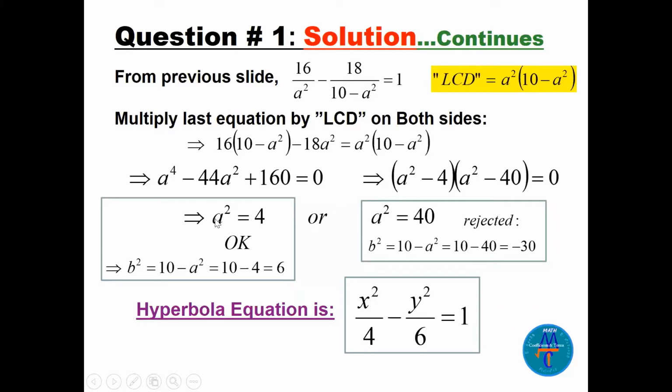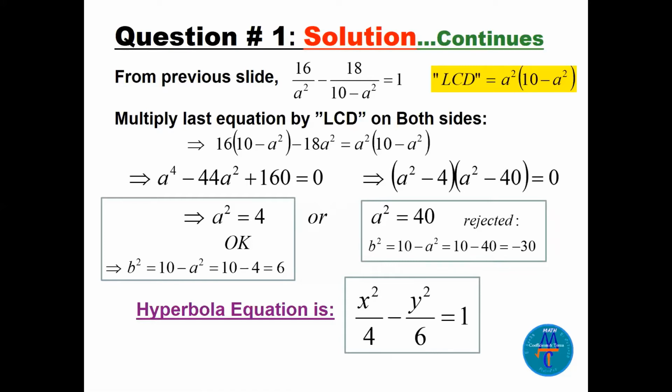Let's see. If A squared is equal to 4, remember the equation from the previous slide, B squared equals 10 minus A squared. Put 4 there, so B squared will be 6. If you try the second one, A squared is 40, so B squared will be 10 minus 40, which is minus 30.